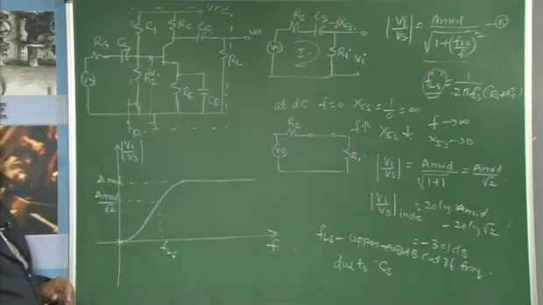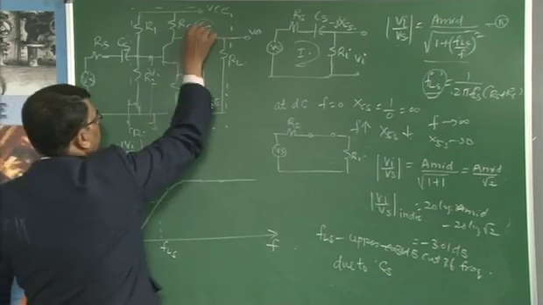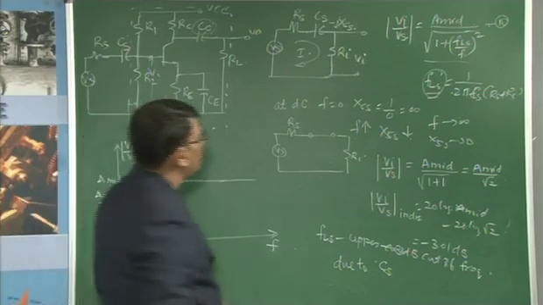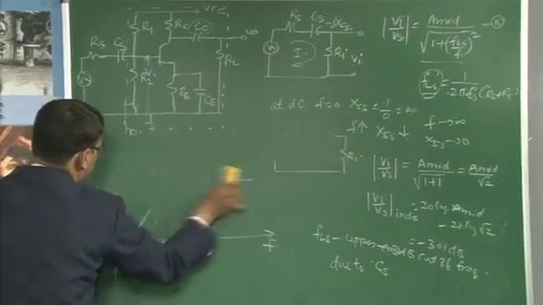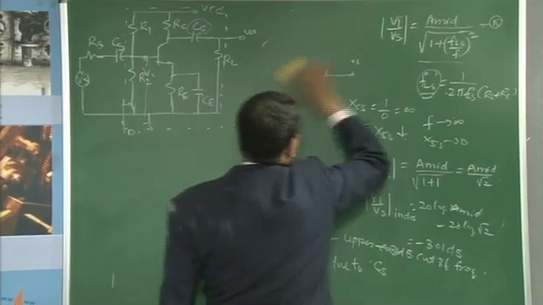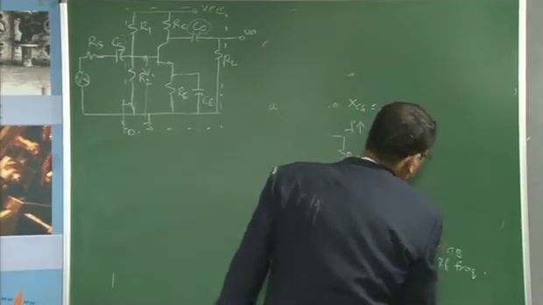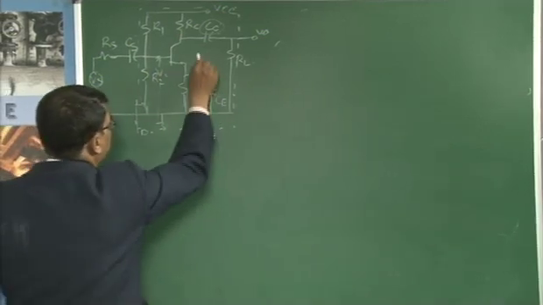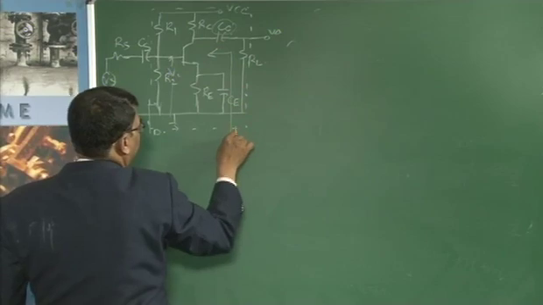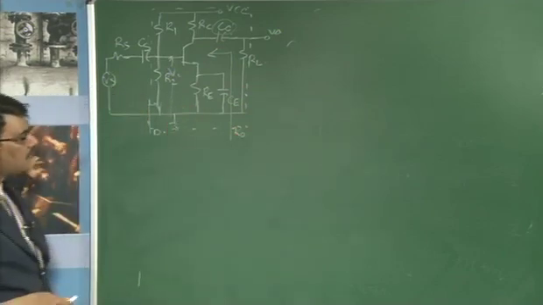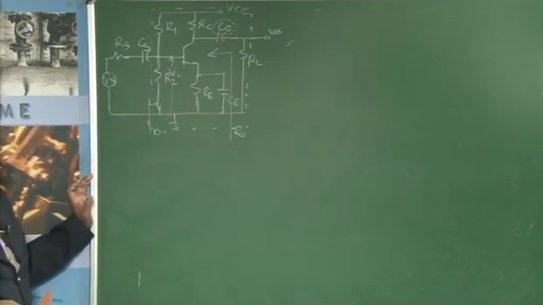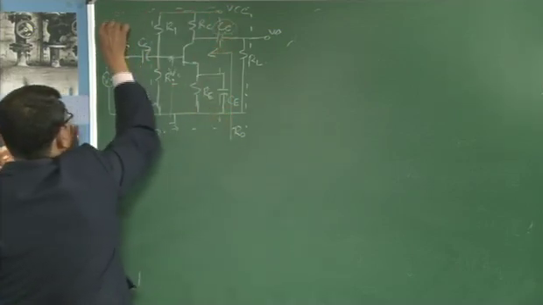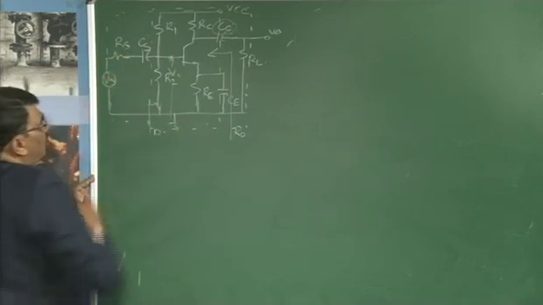Next, we have to consider the effect of the coupling capacitor Cc. Looking back into the network, or the amplifier, from this point, that resistance is denoted as R0. What is R0? This complete circuit is replaced with its equivalent value.